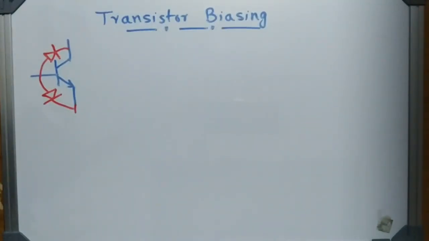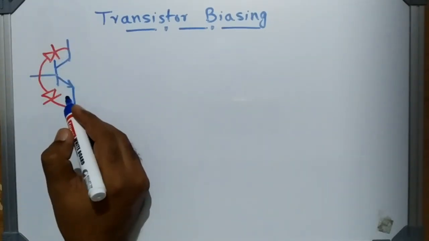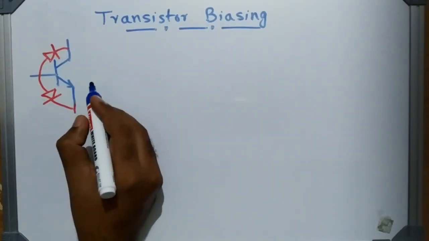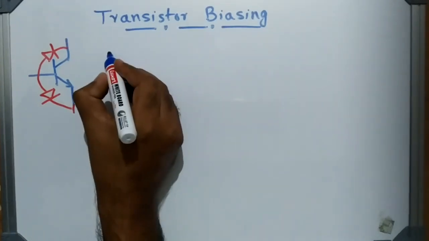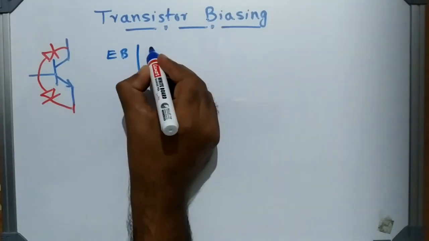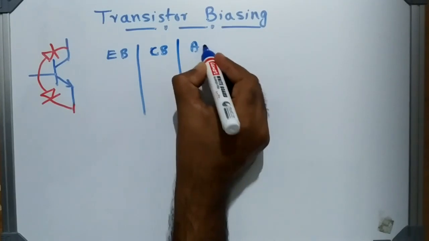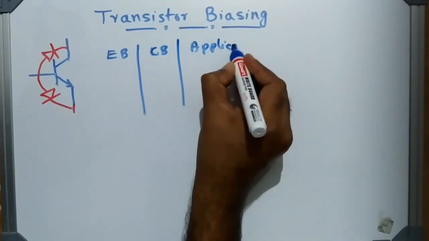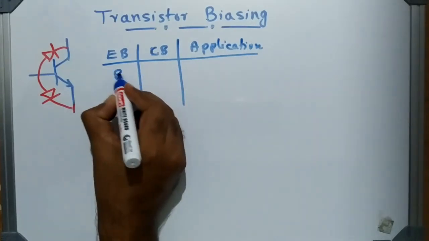Depending on the combination of biasing of these junctions, emitter base and collector base junctions, the transistor can be used either as an amplifier or an on switch or off switch. Say emitter base junction and collector base junction, both are reverse bias.